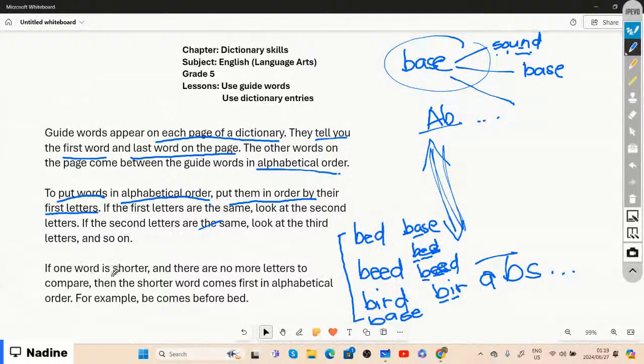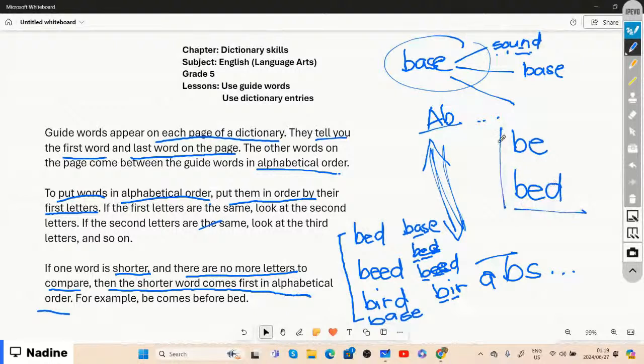Then, if one of the words is shorter and there are no more letters to compare, then the shorter word comes first in alphabetical order. For example, look at the word be and look at the word bed. In order for us to put these words in alphabetical order, we look at the first letters.